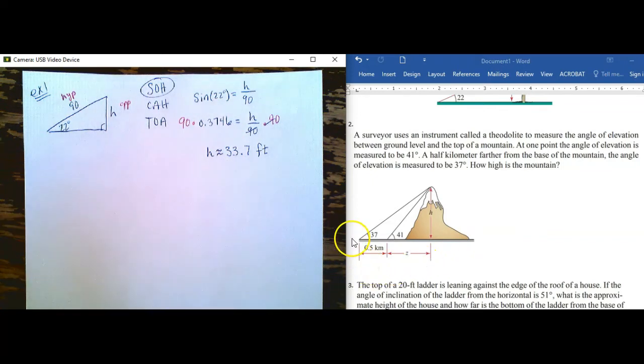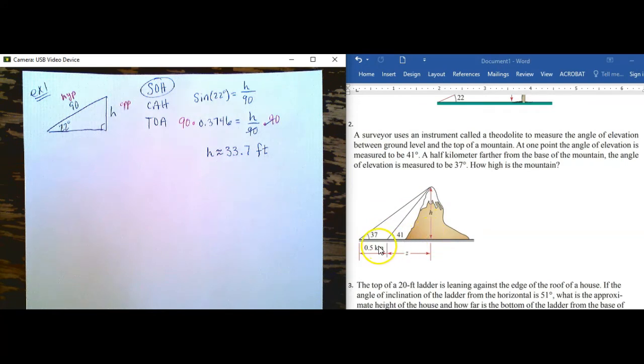So you can see here that we have our diagram set up. Here you can see that the first angle that he measured was 41 degrees, and then half a kilometer farther, it was a little lower, 37 degrees, okay? We're trying to figure out what the height of this mountain is.